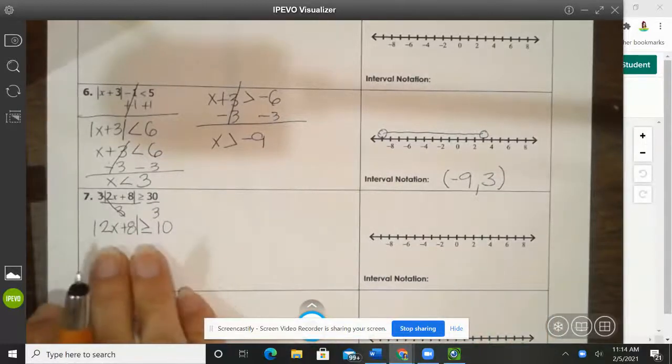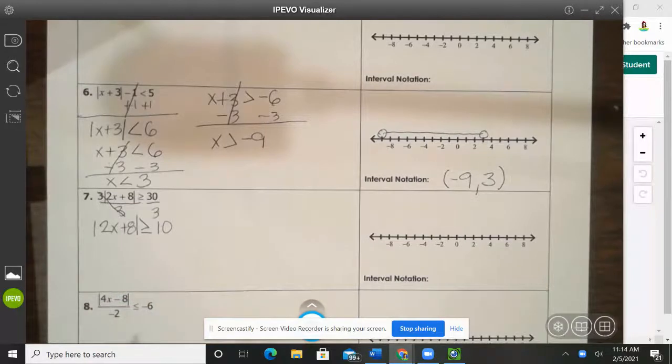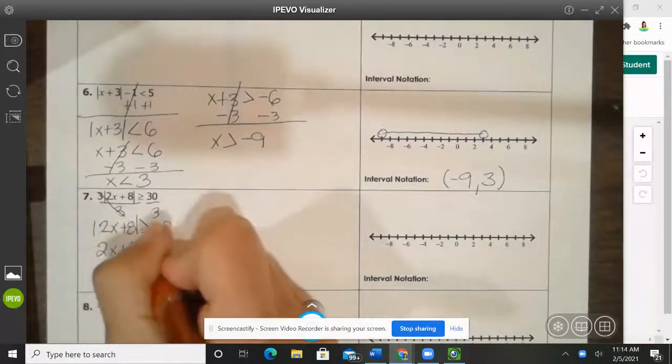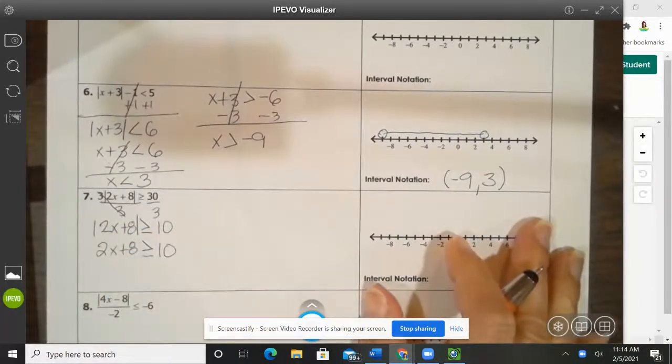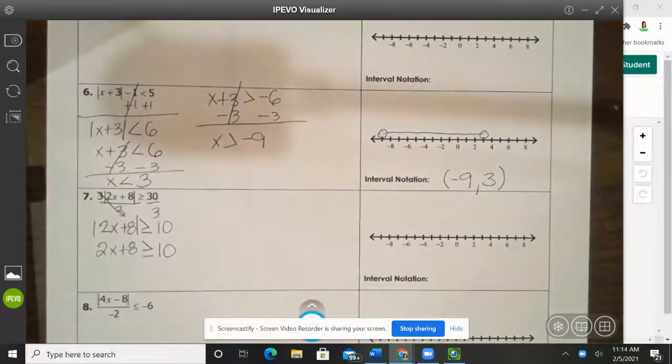And now once I get to this point, I can do both of my cases, right? So I have 2x plus 8 is greater than or equal to 10, right? That's 1. Or well, this is greater than, so this is an or.